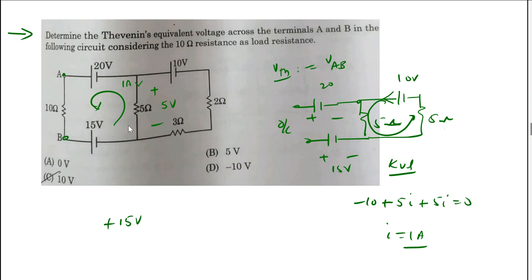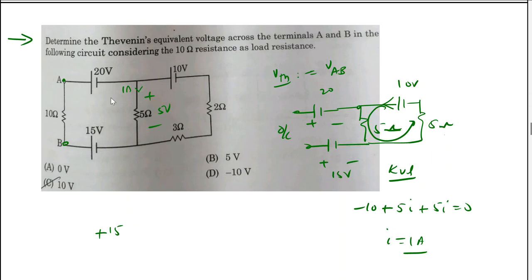Let us assume this direction as a counterclockwise direction. So plus 15, minus 5, and after that minus 20 plus VAB or VTH is equal to 0. So from this, 15 minus 5 means plus 15, minus 25 means it will be minus 10, is equal to minus VAB.